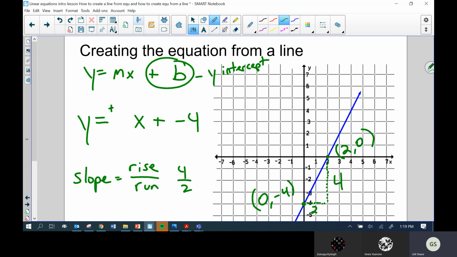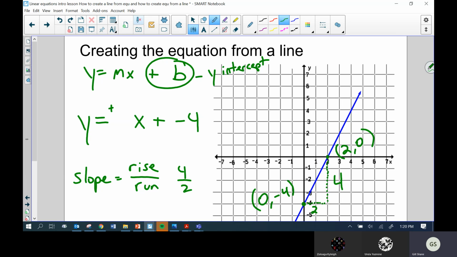I really could just subtract the distance between my y values and get my rise, and I could subtract the distance between my x values and get 2. We're going to do that later. I don't want you to worry too much about that now, but I want you to understand the slope is just the vertical distance divided by the horizontal distance.